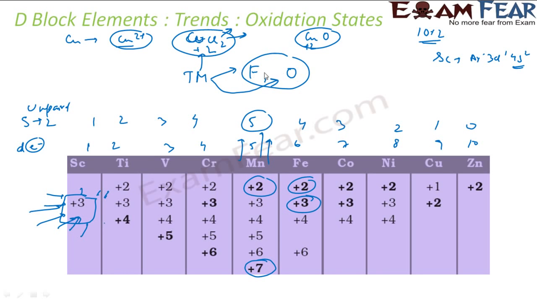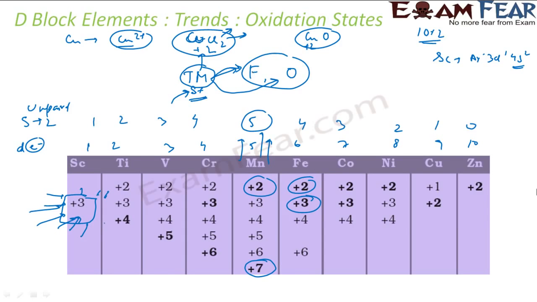Because fluorine and oxygen are very electronegative elements and can easily attract electrons toward themselves, which develops a high positive charge on the metal. That means you have a higher oxidation state here. Fluorine and oxygen are smaller in size and highly electronegative, and thus when the transition metal is attached to fluorine or oxygen, it has a higher oxidation state. We will talk about this later once again.